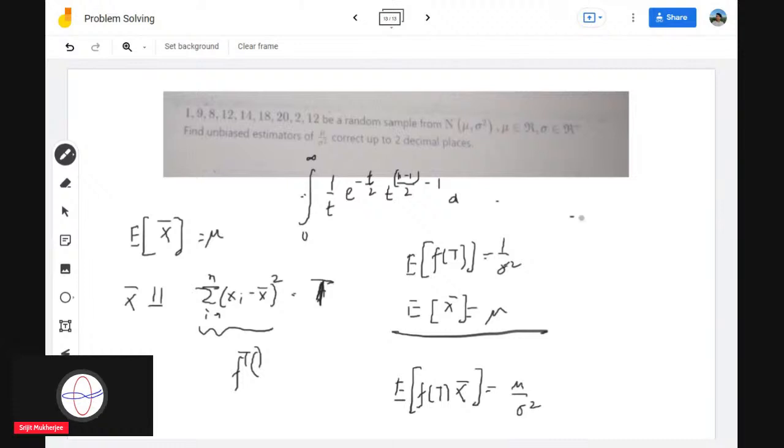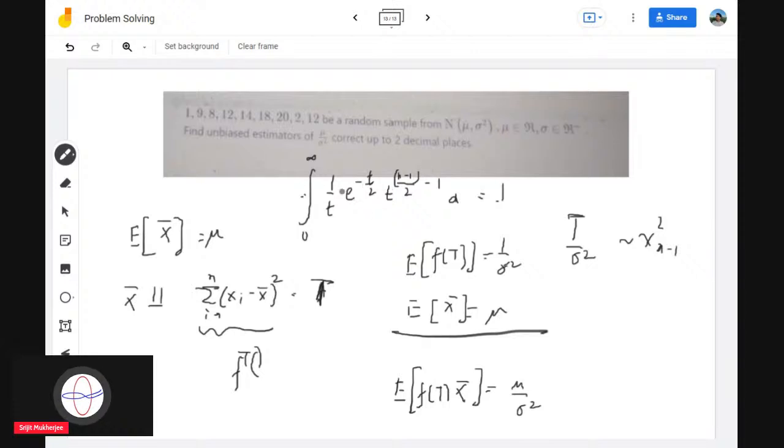So t by sigma square follows chi-square n minus 1. So expectation of t is 1. Expectation of t is coming out to be 1, right? Some error is going on. It's coming out to be n minus 3, right?